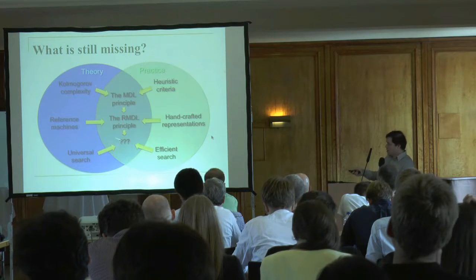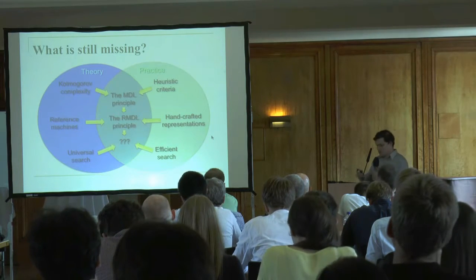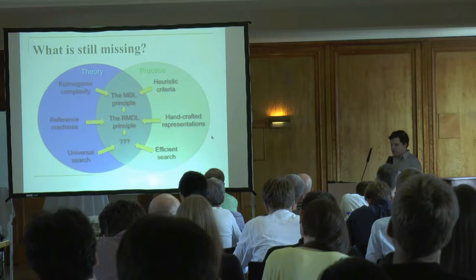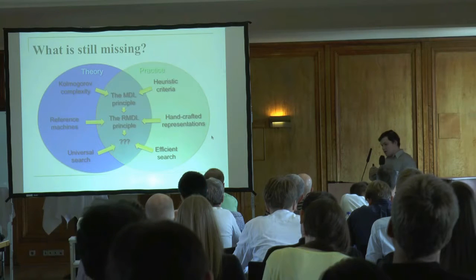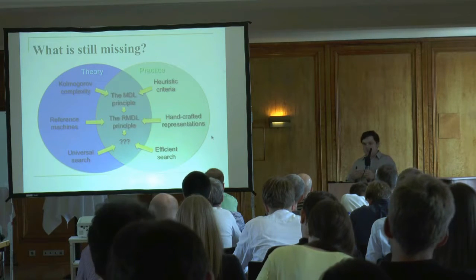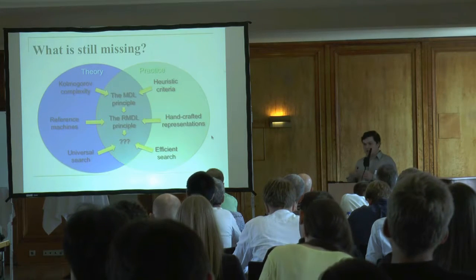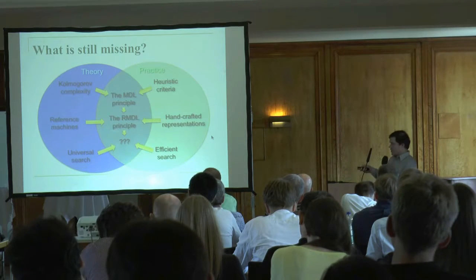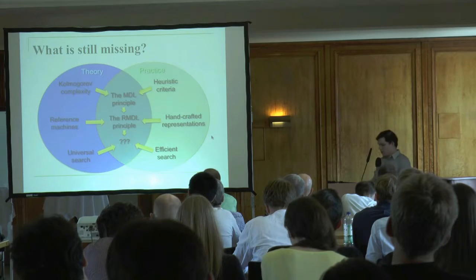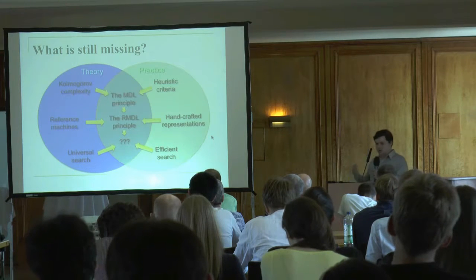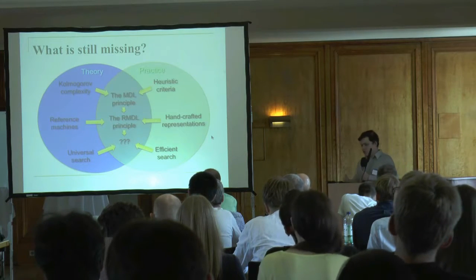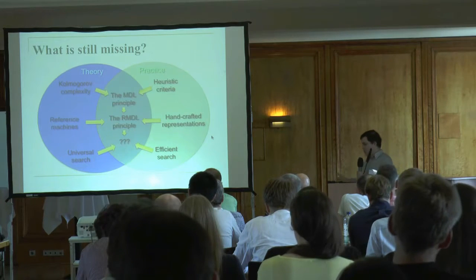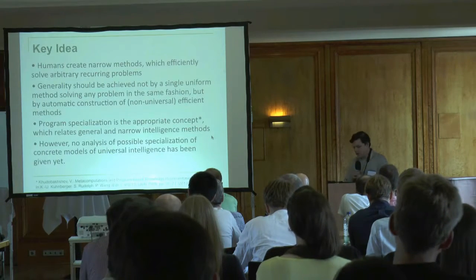So we have some area in which practical methods and universal methods coincide, in which they can support each other, and this is, I think, the next step that should be done in order to further bridge this gap and to achieve both practical and universal, in some sense, methods.